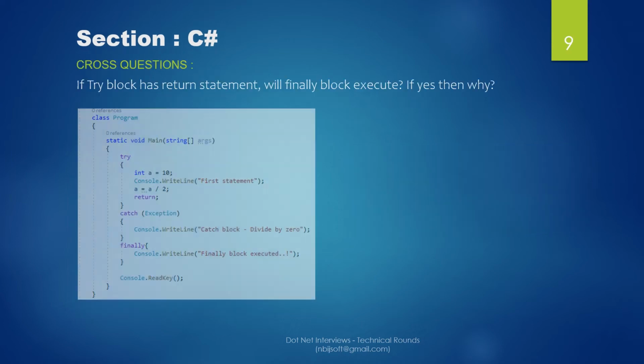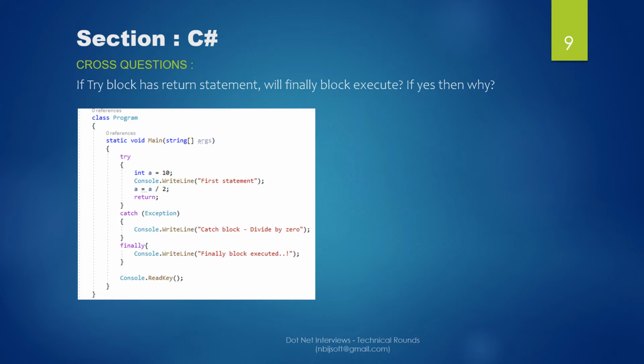Given as a third scenario, as per our discussion, the try block gets executed only if there is no exception, and after that, finally. Now, if someone writes a return statement in a try block, for example, here in the try block we assign a value to the variable a is equal to 10.